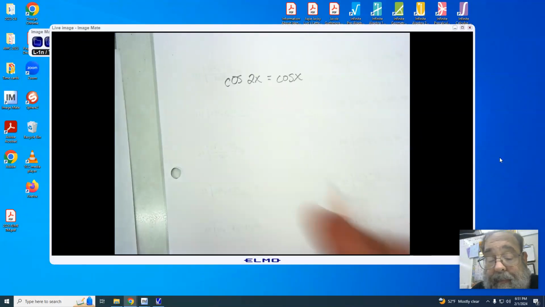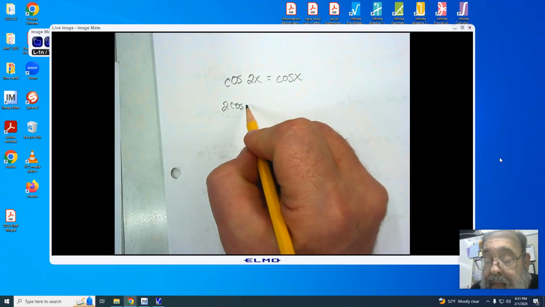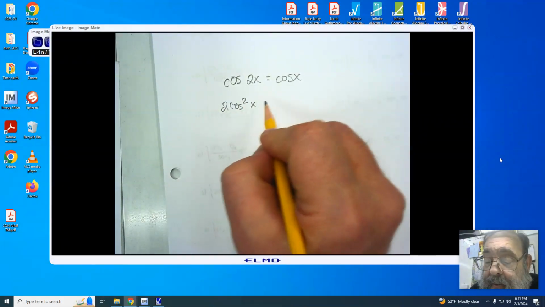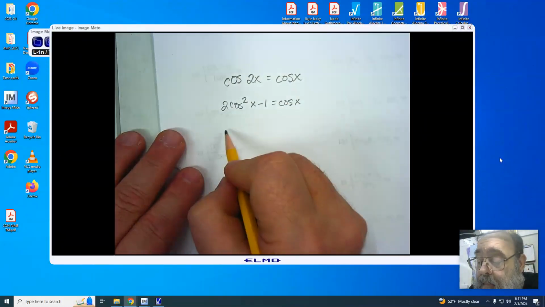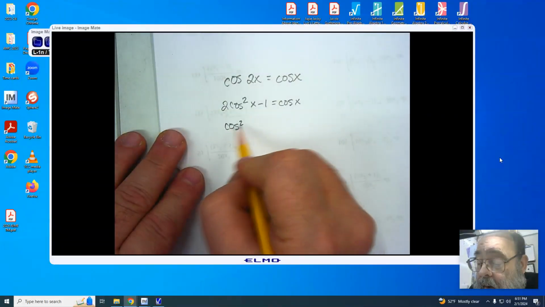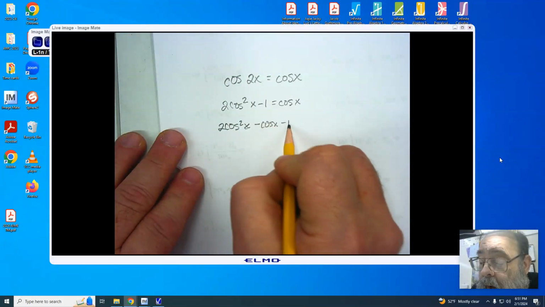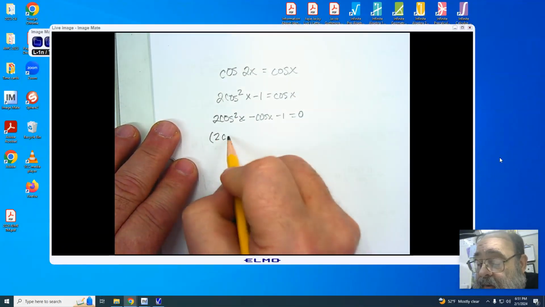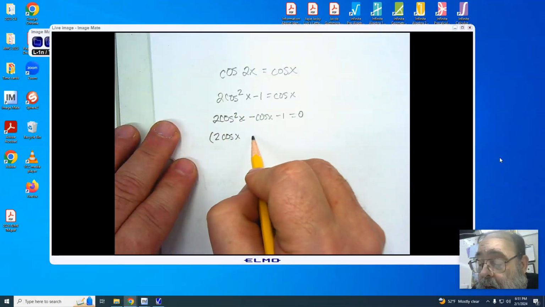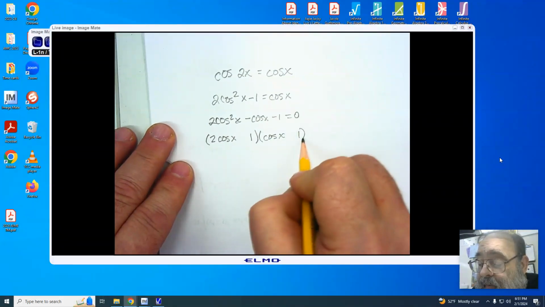Putting it in, I have 2 cosine squared of x minus 1 equals the cosine of x. That means that 2 cosine squared of x minus the cosine of x minus 1 is now equal to 0. I'm going to factor this using the cosine of x. I know I have a 1 cosine of x, I know I have a 1.